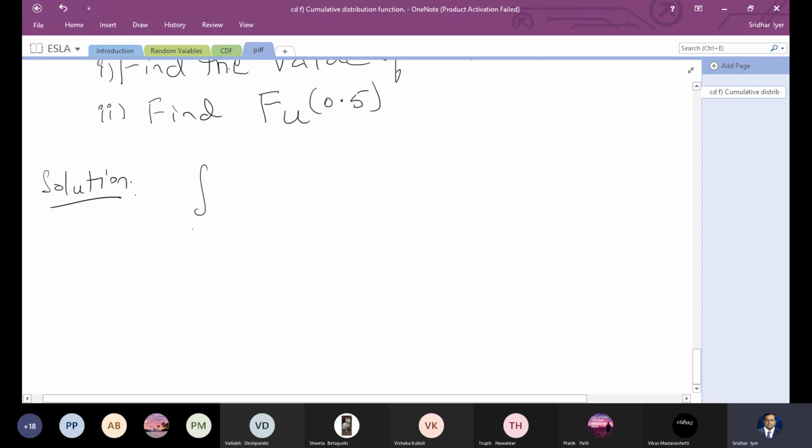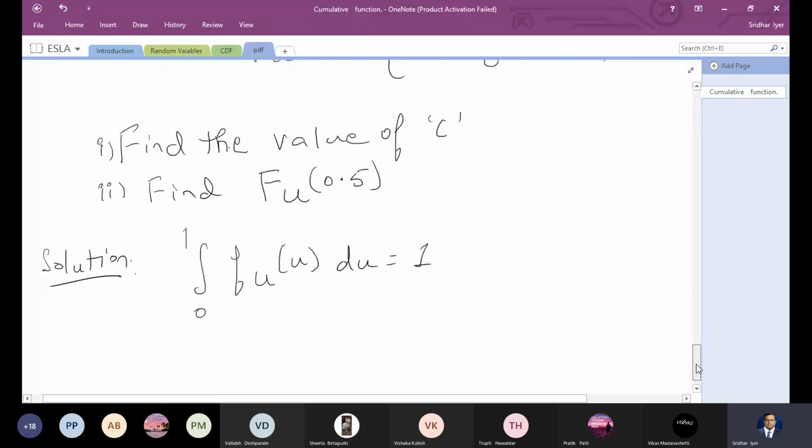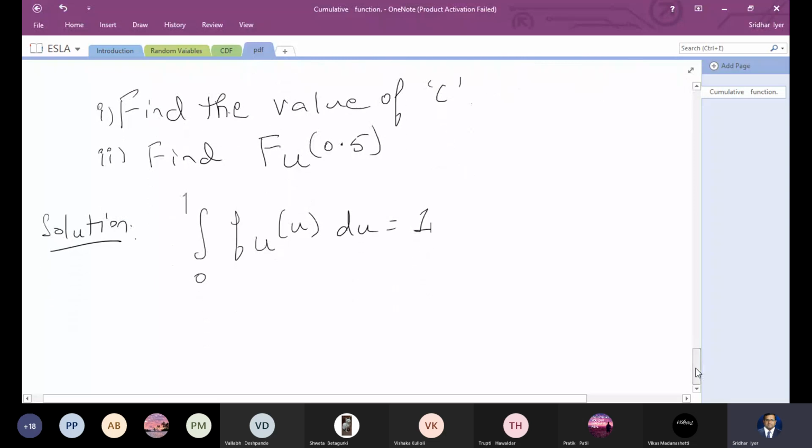So I'm going to write integral 0 to 1 of f U of u du is 1, right? And let's see what the PDF is. It is e raised to minus u by 2. Therefore I'm going to write this integral as 0 to 1 of e raised to minus u by 2 du, which is going to be equal to 1.